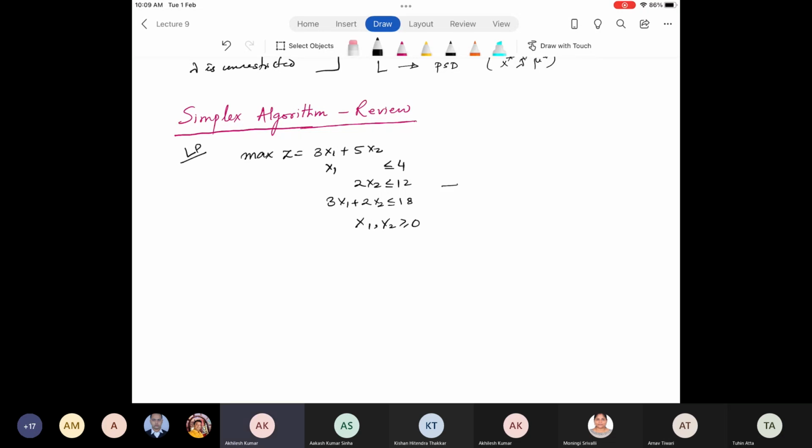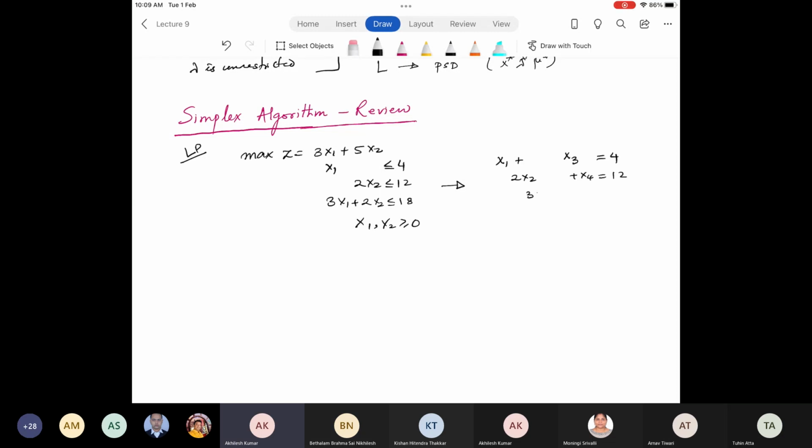So how do we solve when we are trying to use the simplex algorithm? Firstly, we introduce slack and surplus variables by making inequalities into equalities. So x1 plus x3 equals 4, let's say I use x3 as the slack variable for the first one. For the second one, 2x2 plus x4 equals 12.